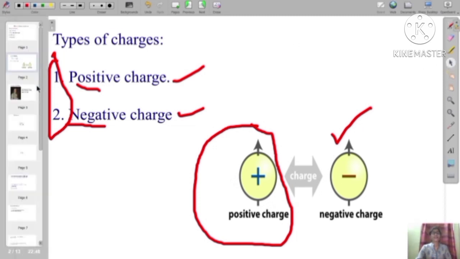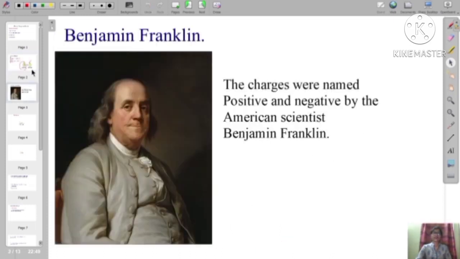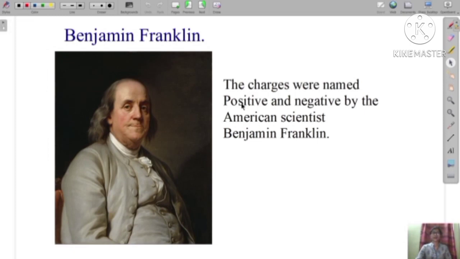Then how did we name these positive charge and negative charge? Who has named the charges as positive and negative? So we are going to know the person who has given the name. He is the American scientist Benjamin Franklin. You can see here. He is the first person to name one charge positive and the other charge negative.